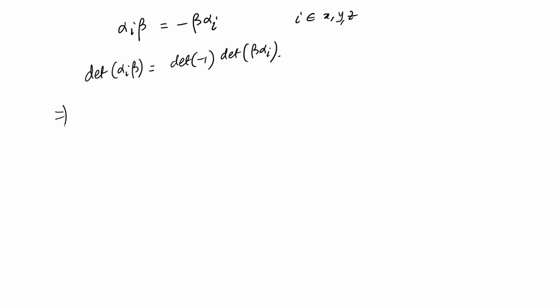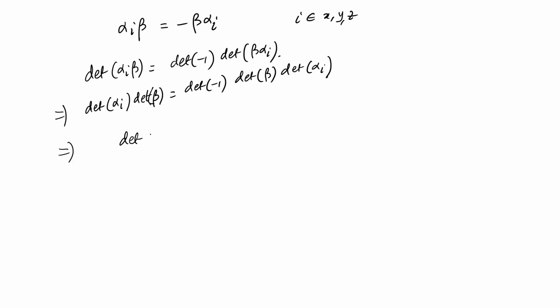So, this becomes determinant of alpha_i into determinant of beta equal to determinant of minus 1 and the determinant of beta and determinant of alpha_i. Now, you see that determinant becomes kind of a number. So, determinant of alpha_i and determinant of beta will cancel from both sides, and that gives us the determinant of minus 1 is equal to 1.